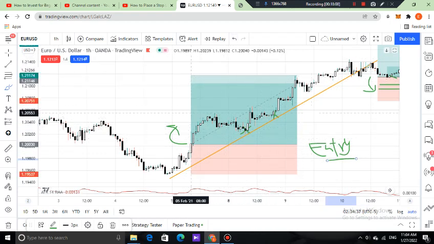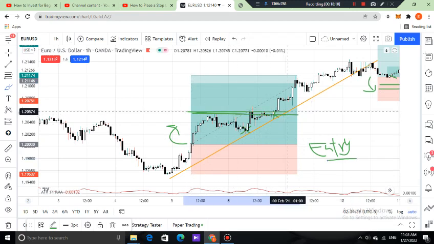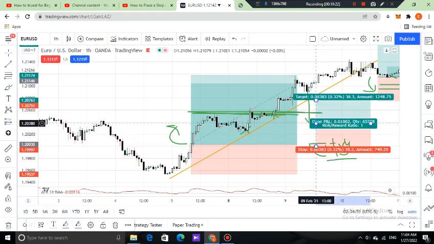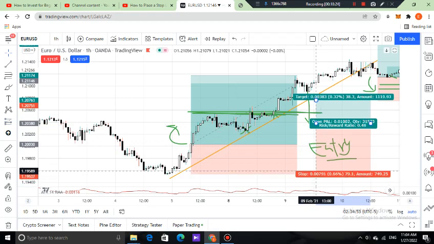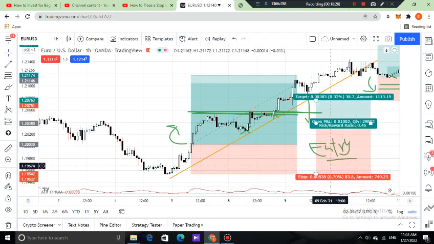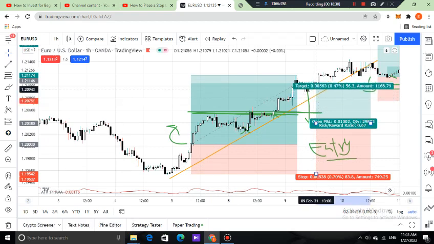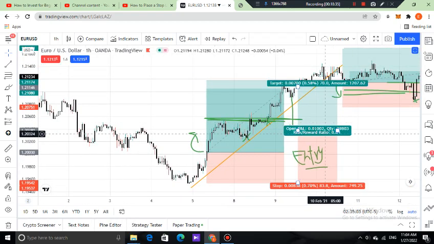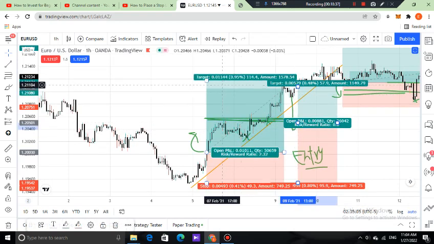Your entry point goes to this level, and if a breakout happens, you go into loss, and your risk increases because your entry point goes up, and if you don't change your stop loss, you have this risk to reward ratio now. You see, you add to your position at higher prices.